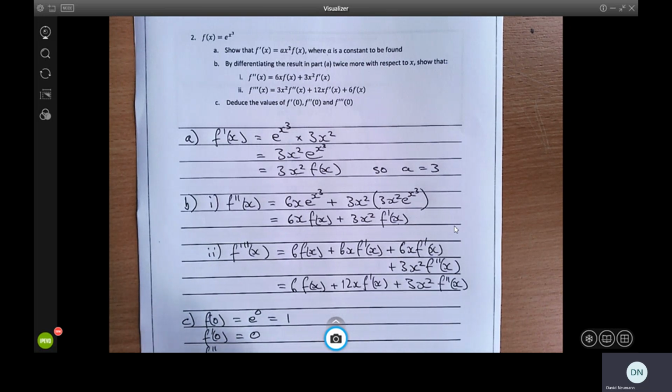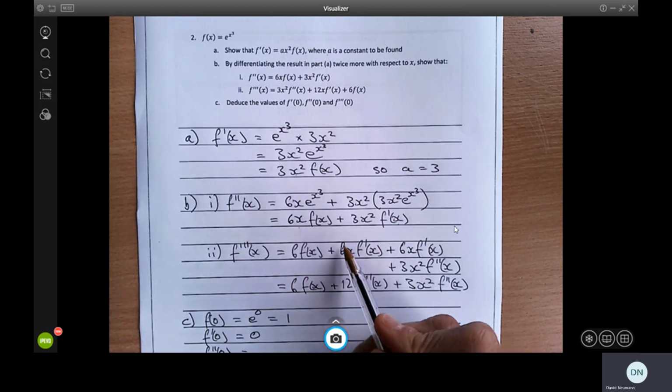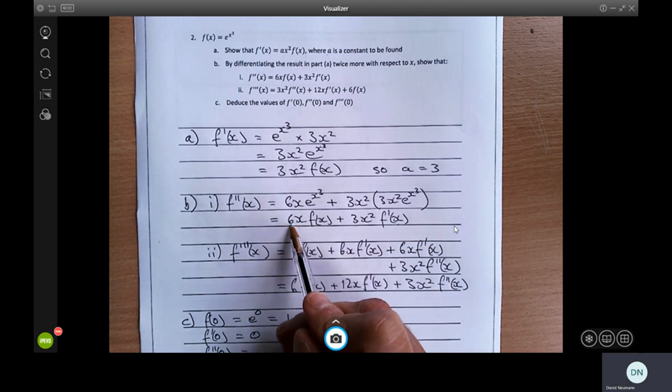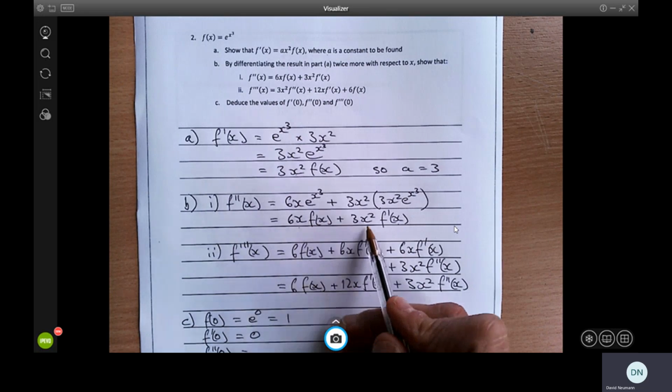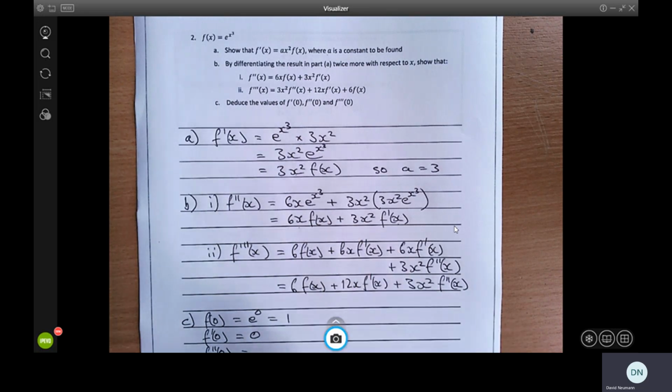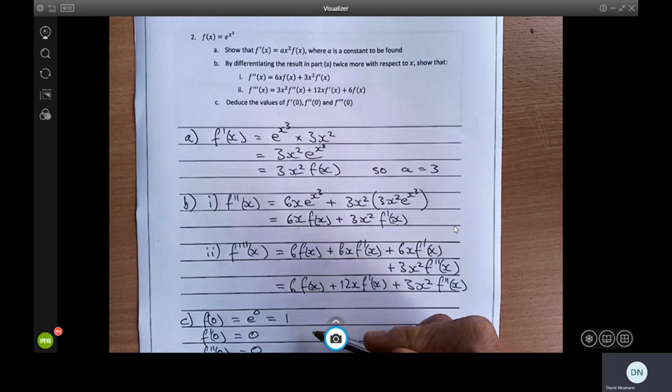F double dashed of 0 is going to be, again, if we substitute in here, we're going to get 6 times 0 times 1 plus 3 times 0 times 1. So that's also 0. F triple dashed of 0 is going to be 6 times f of 0. So 6 plus 0 plus 0 is 6. So those values, 1, 0, 0, and 6.